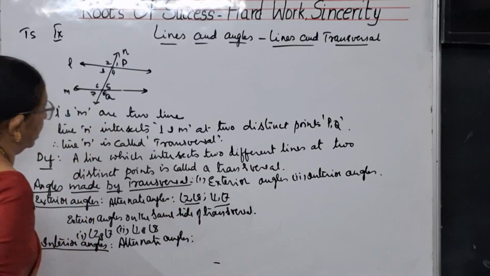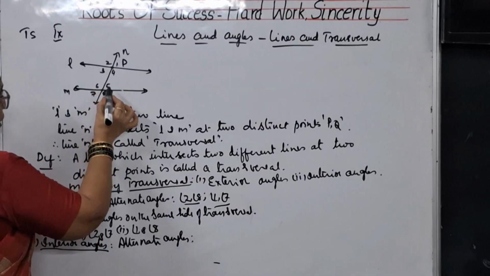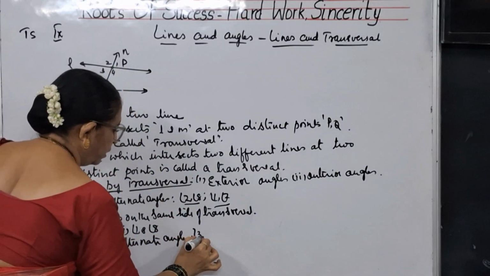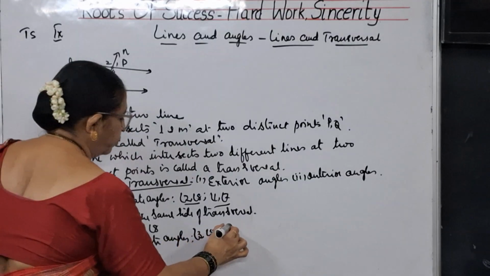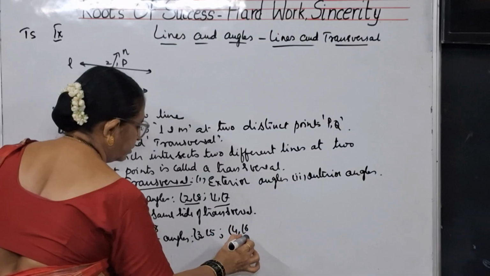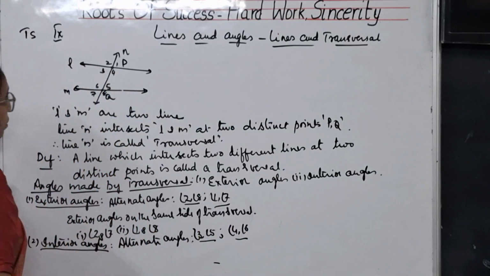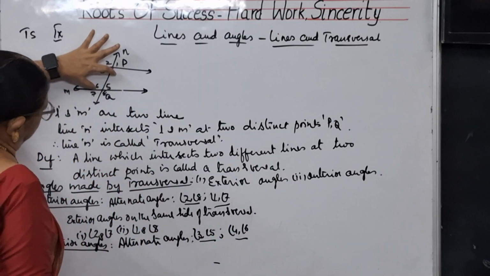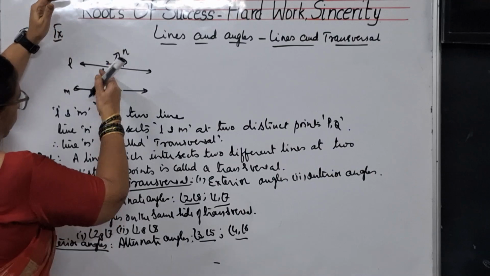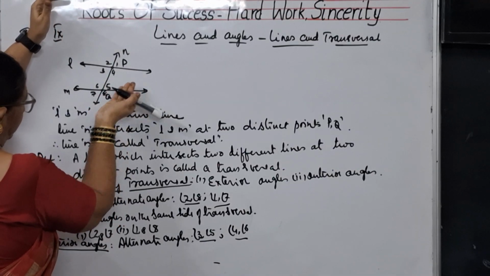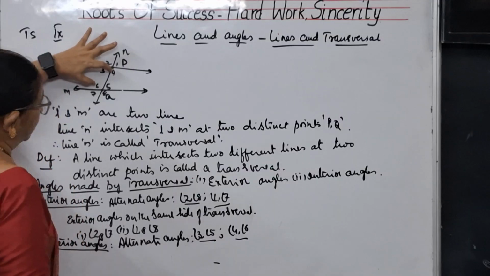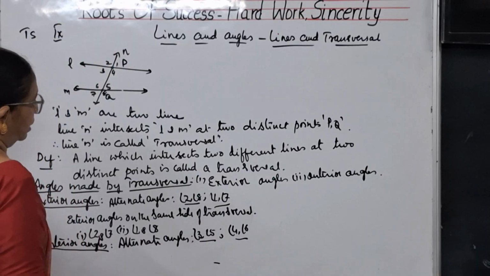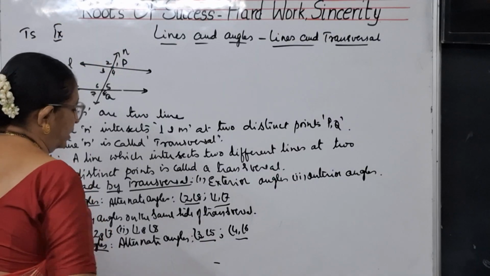Angle 3 and angle 5 are one set, and angle 4 and angle 6 are the other set. These are interior alternate angles. Alternate angles means one is on one side of the transversal, and another is on the other side. Since they lie on the interior side, we call them interior alternate angles.